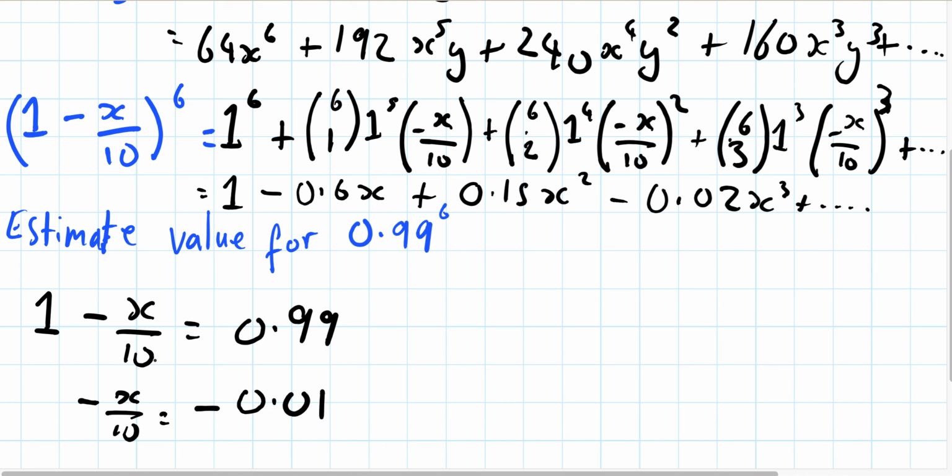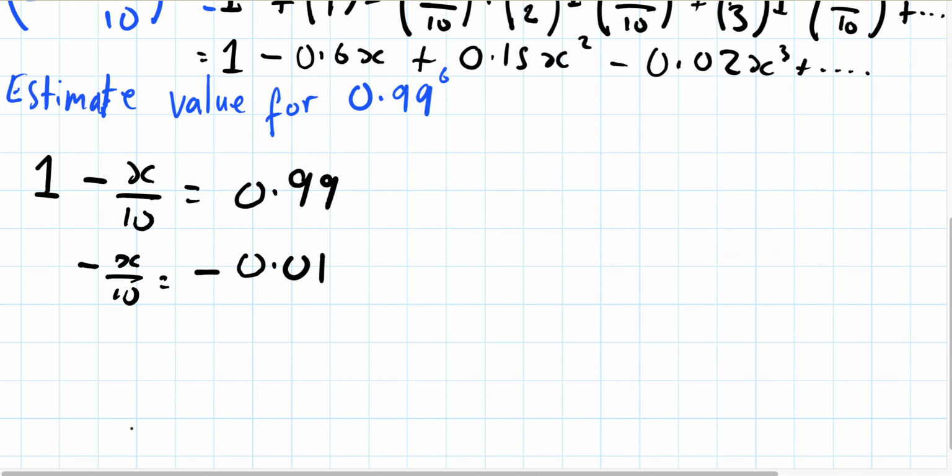Take the 1 over, times it by minus 10, so x equals 0.1. I just took the minus 10 over to get 0.1. So now I'm going to substitute 0.1 into my binomial expansion.